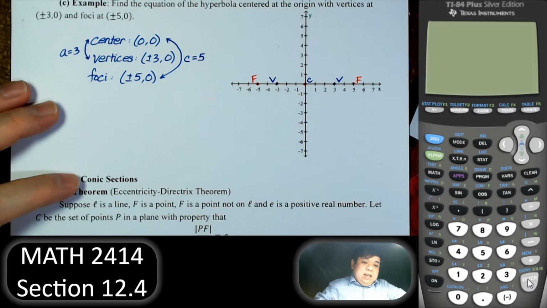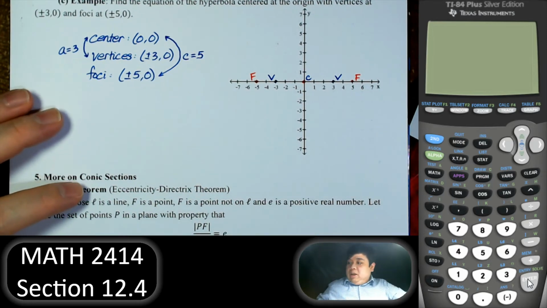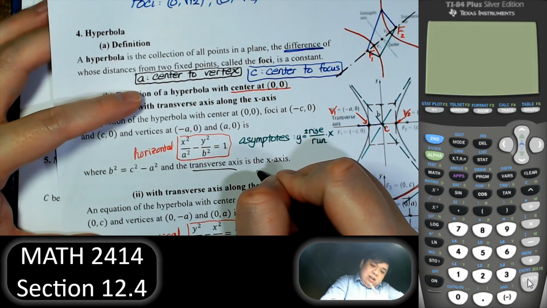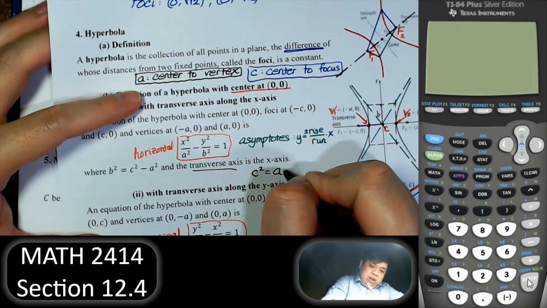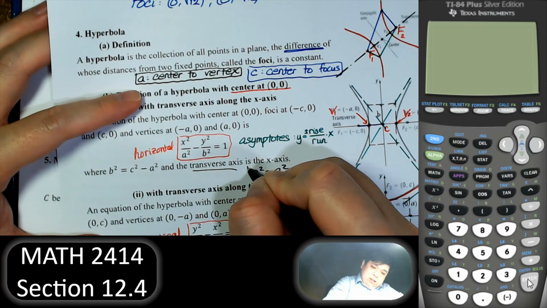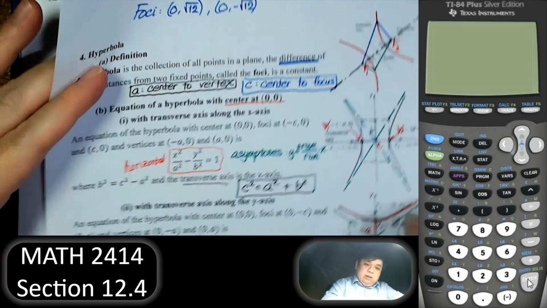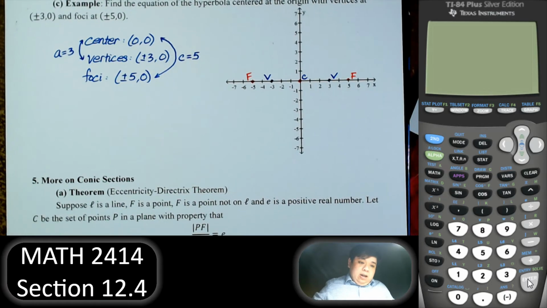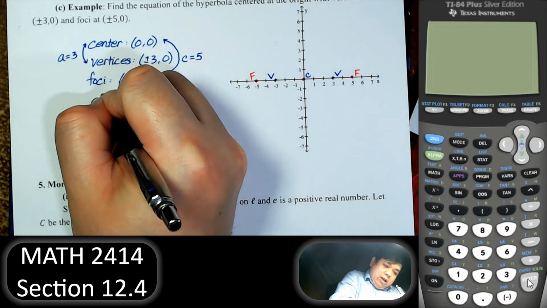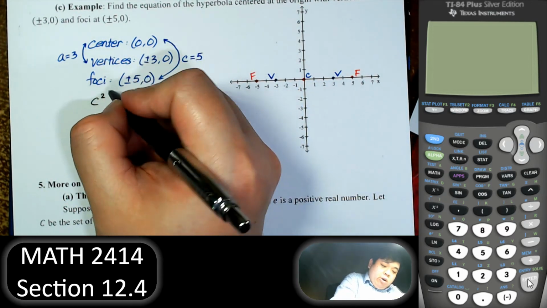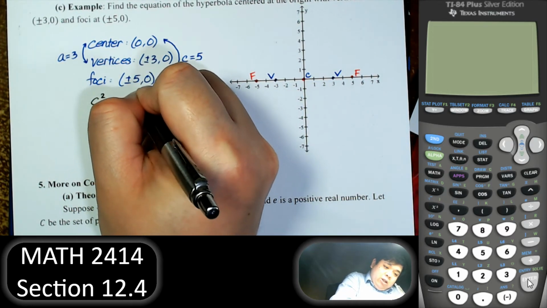In this case, c is going to be the biggest one. I forgot to mention that. c squared, the distance from center to a focus, is the biggest one, equal to a squared plus b squared.